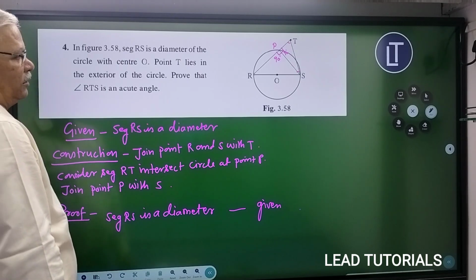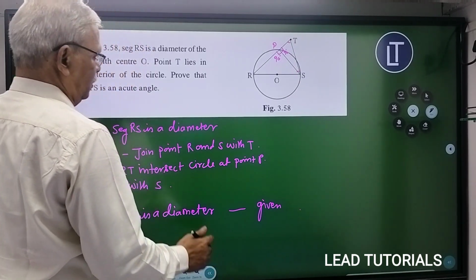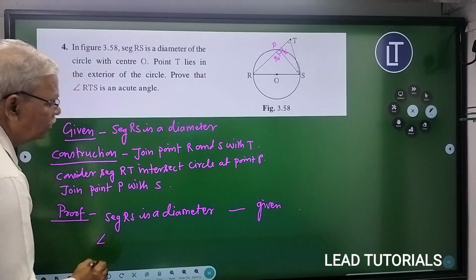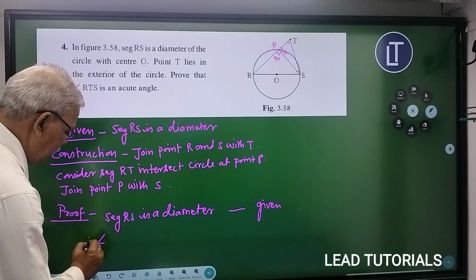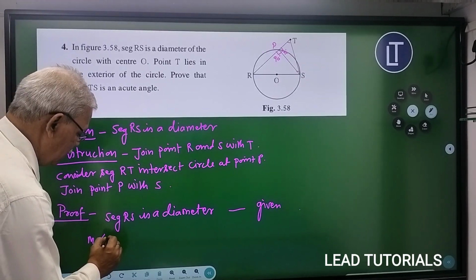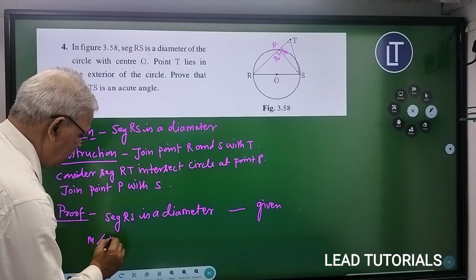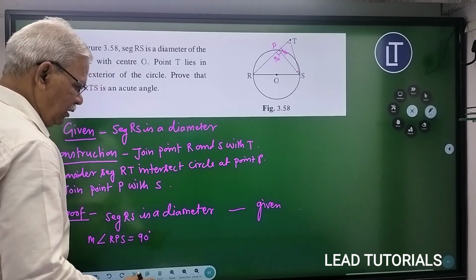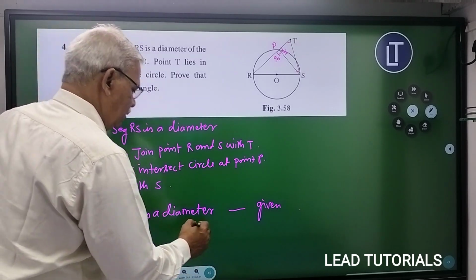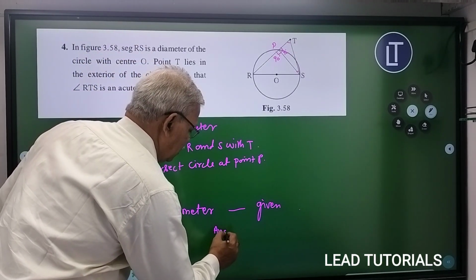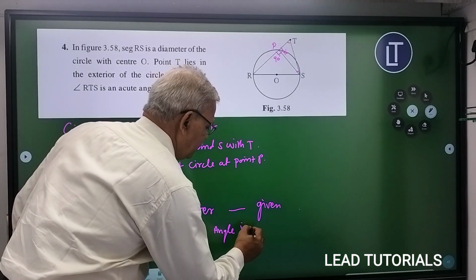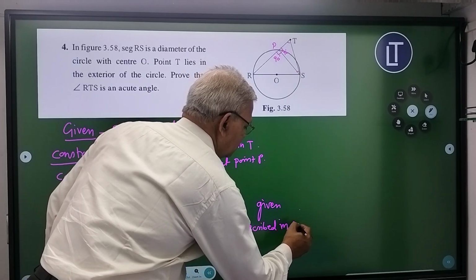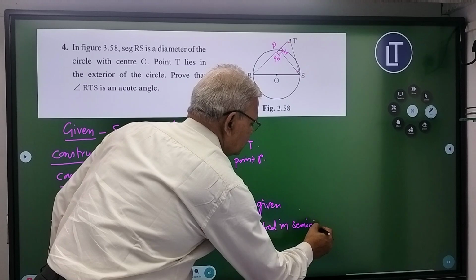Okay, now see, as per construction we will write here measure of angle RPS is equal to 90, and for this we will write here the angle inscribed in a semicircle.